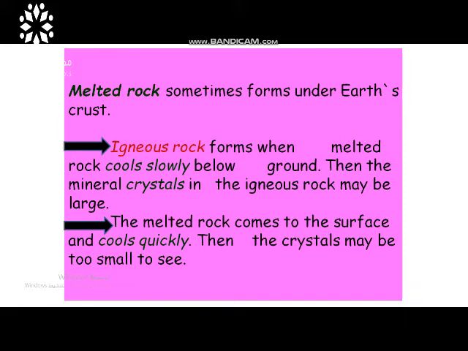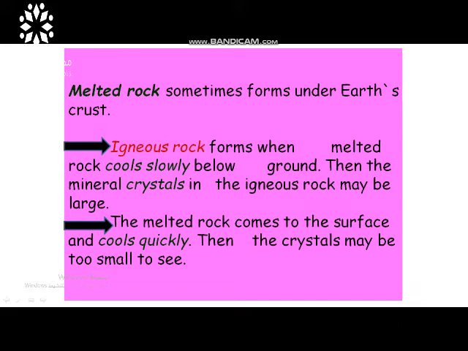When melted rocks cool slowly below ground, the mineral crystals in the igneous rock may be large. When melted rocks come to the surface and cool quickly, the crystals may be too small to see.